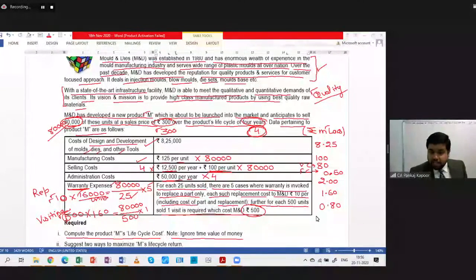So can anyone tell me what is the life cycle cost now? Because this is our requirement. We need to compute the life cycle cost. 8.25 plus 100 lakh plus 80 lakh plus 0.05 plus 2 plus 1.6 and then add 0.8. Yes, good. Rohita from Chitur, absolutely fine. Chavi from Haryana, absolutely fine. Quickly compute it.